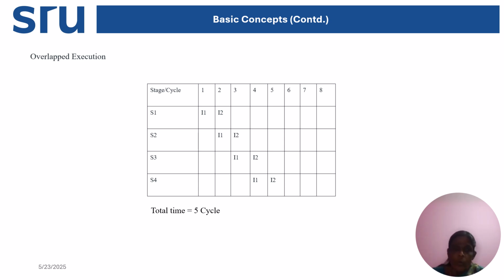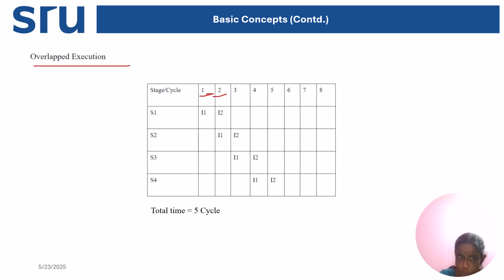Now our ultimate aim is to reduce the number of clock cycles. So how to reduce? Since we have 4 different stages, we can overlap the instructions. See, overlapped execution. Number 1 is stage 1, 2, 3, 4. In clock cycle 1, instruction 1 enters stage 1.